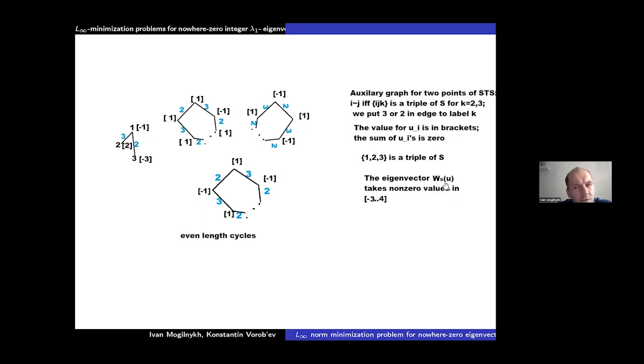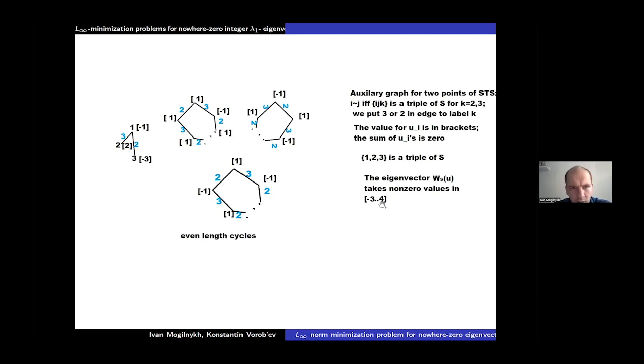Moreover, all values among the vertices of the block graph are not greater than 4 in absolute value, from -3 to 4, and 0 is not one of them.